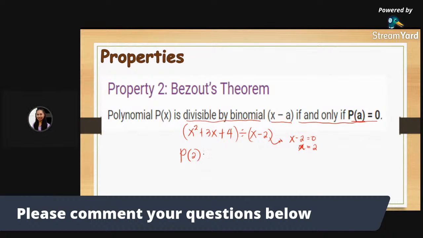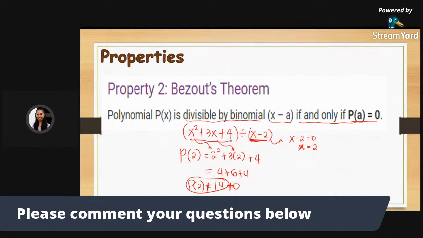So p of positive 2 is equal to 2 squared, this is your x squared, plus 3 times 2, that is your 3x, plus 4, that is equal to 4 plus 6 plus 4. So your p of 2 is equal to 14. Since it is not equal to 0, then we can say that this polynomial is not divisible by x minus 2.